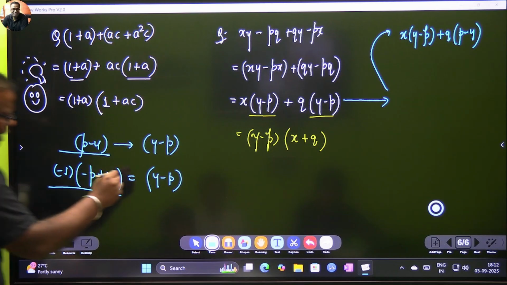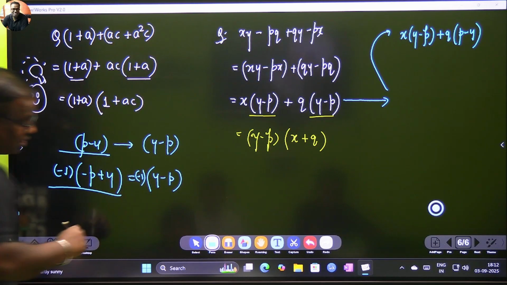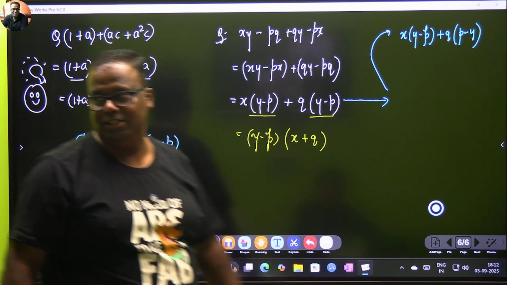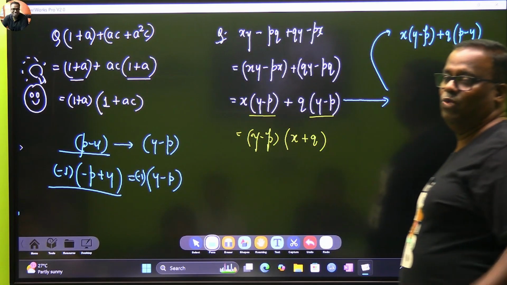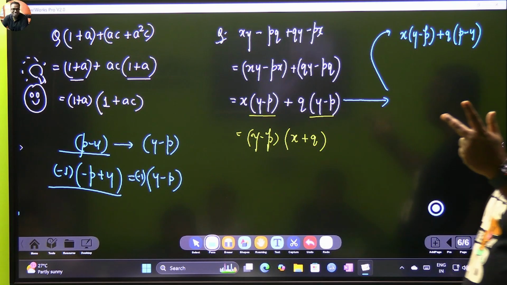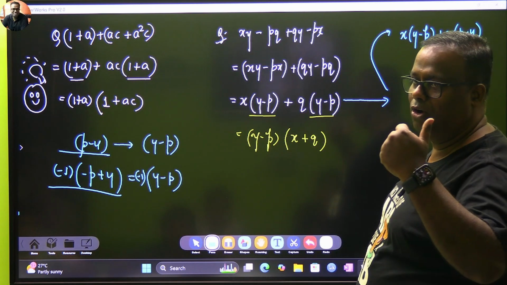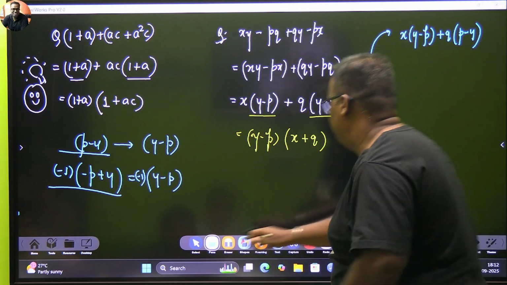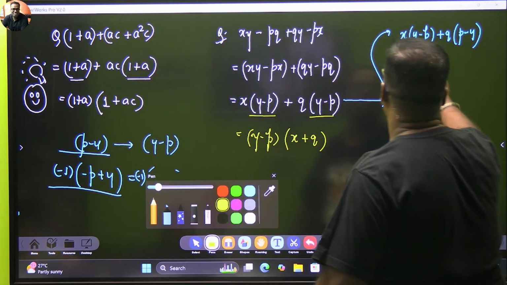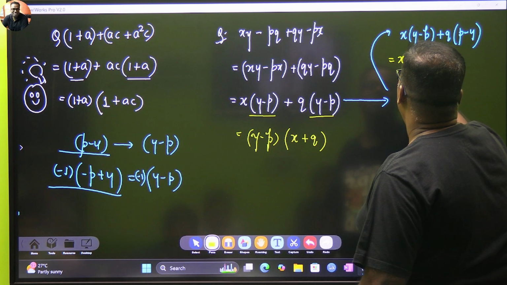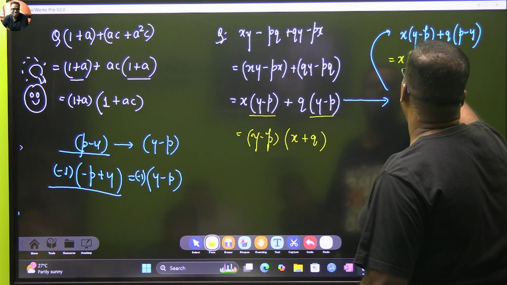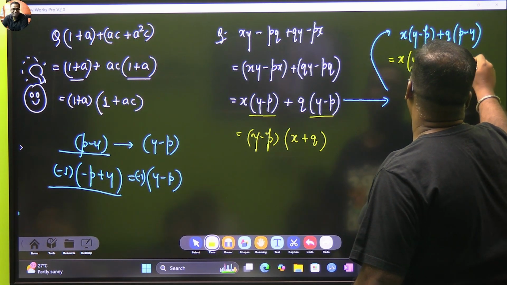But don't you forget that minus 1 which you have taken out. That is the thrown key which you have hidden from the child. Whenever you have to swap between two terms, just take a minus 1 common. So we have the same problem out here. I would take this problem as x into y minus p, and I will write here y minus p.